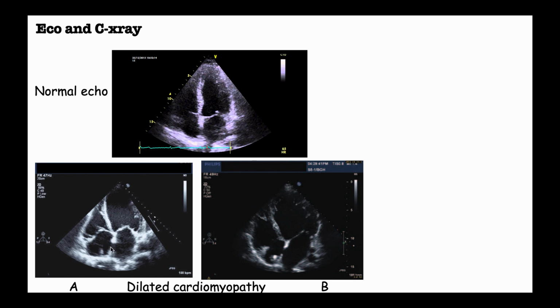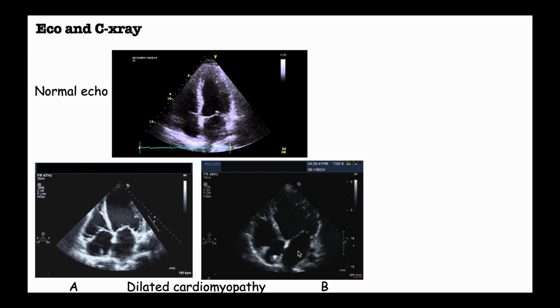We can see in this diagram that there is slight atrial enlargement as well. When we look at the B as well, you can see that there is enlargement of the left ventricle over here as compared to the right ventricle. And we also find that the left atrium looks slightly enlarged.